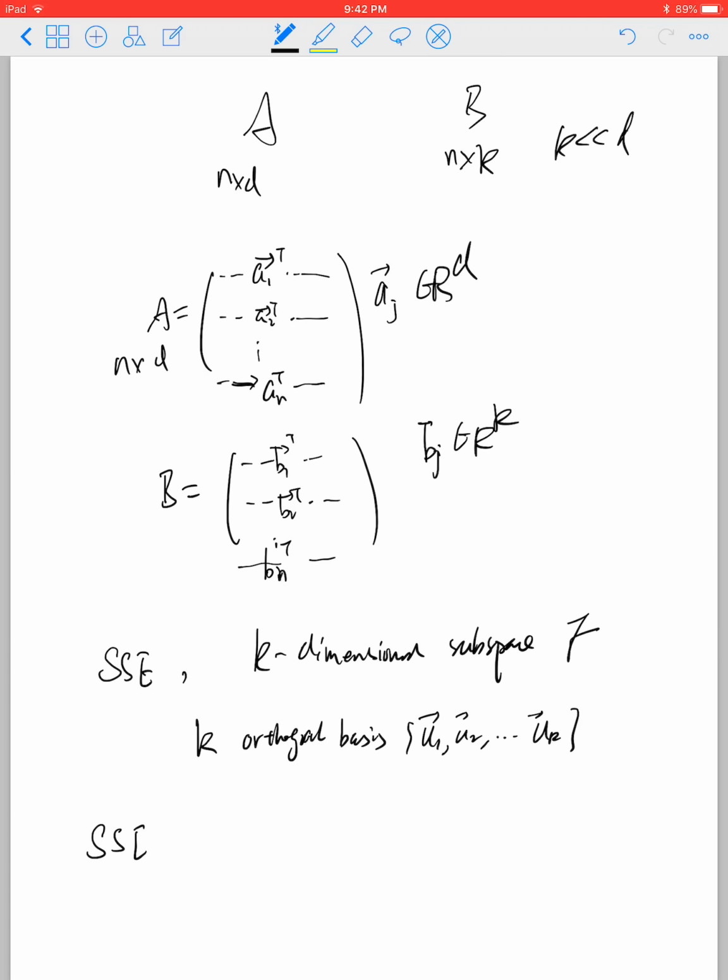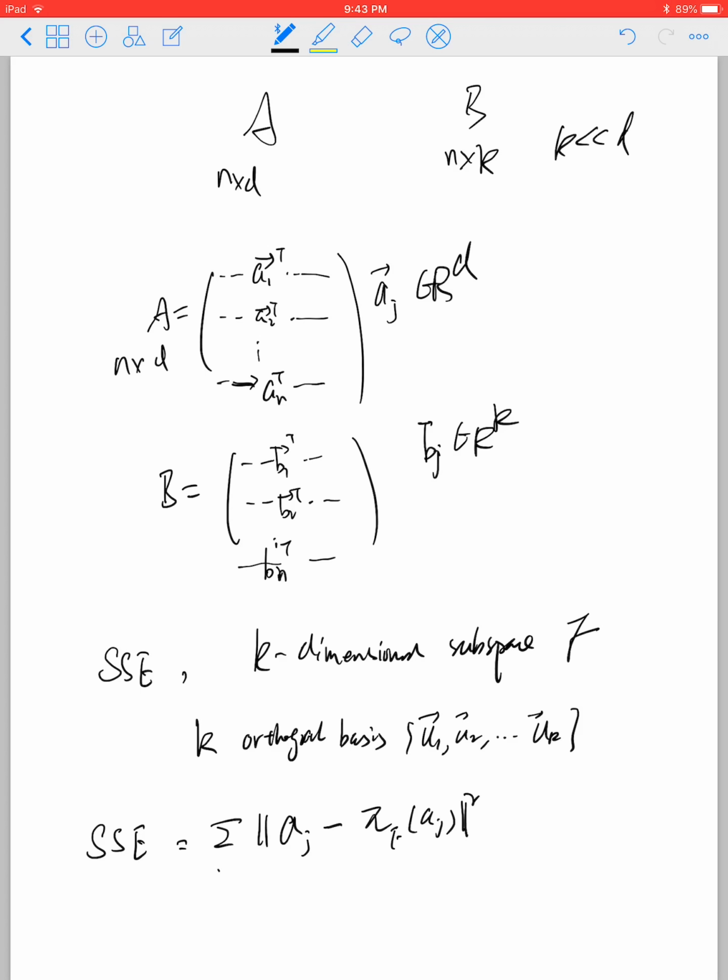Now, if I want to find a low-rank representation of each A1, A2 to An, that means in the low dimensional matrix B, each row will be B1 transpose, B2 transpose, until Bn transpose.